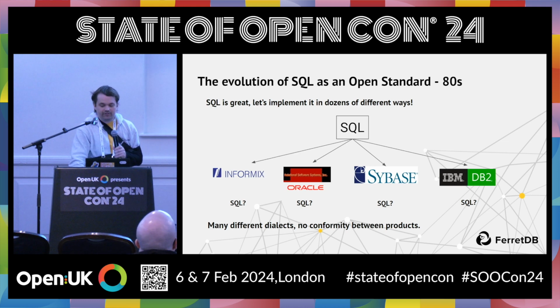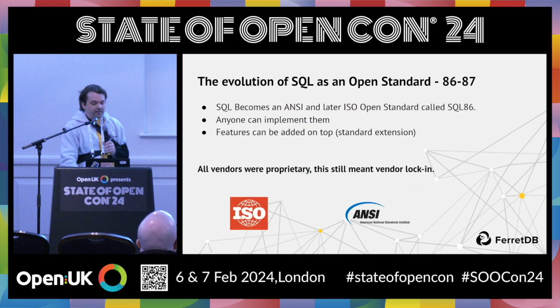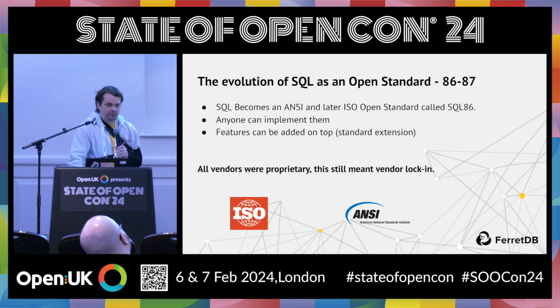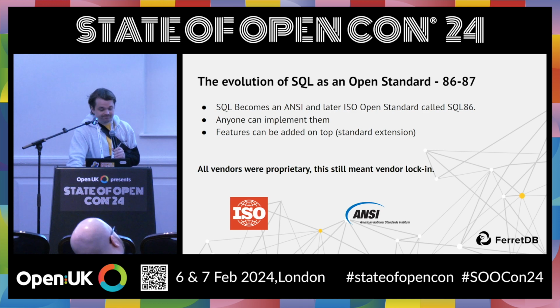This was the 80s. And then SQL became an open standard, and it was deemed so important that an open standard was created. It became an ANSI and ISO standard, and from that moment on, anybody could implement SQL the same way and release products based on that.